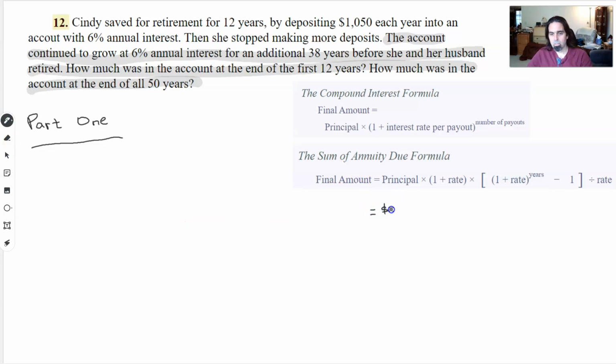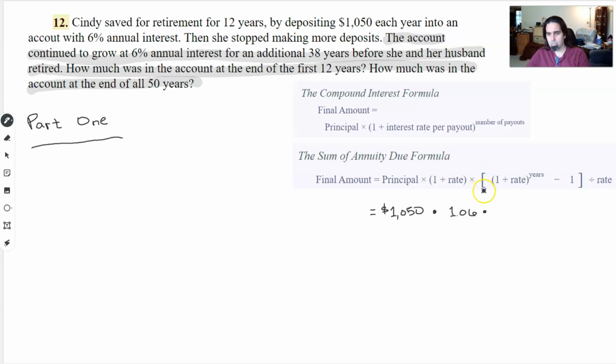So her principal is $1,050. This is the final amount here, right? Times 1 plus the rate, 6% annual interest would be 1.06.